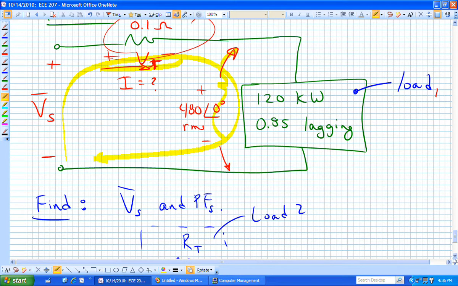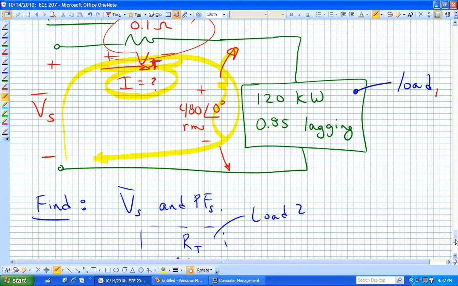That was 480. Meaning, if we can find this current, we're almost done, because that current times the resistor will give us the voltage dropped across that second load. Once we have that, we can sum that with the 480, and now we have our source voltage. Is that making any sense?